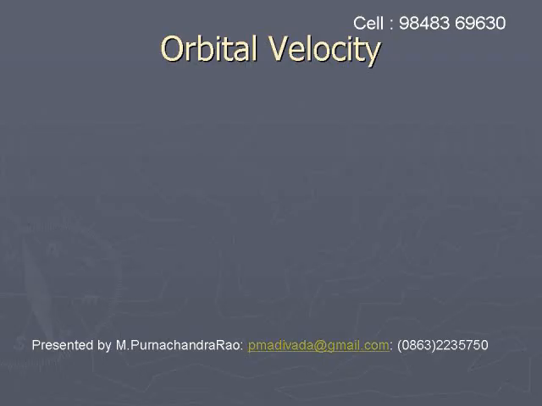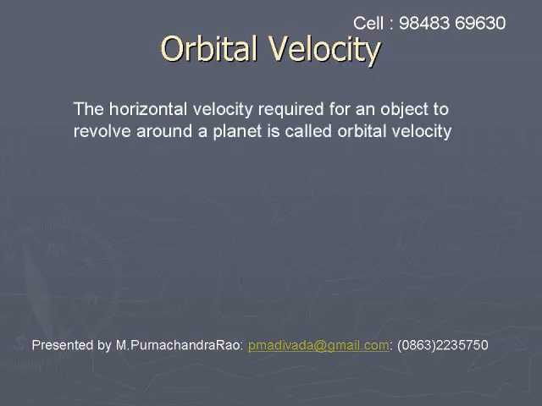Orbital velocity. The horizontal velocity required for an object to revolve around a planet in a circular orbit is called orbital velocity.